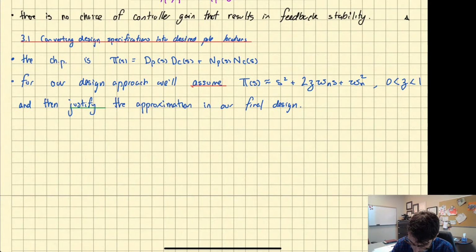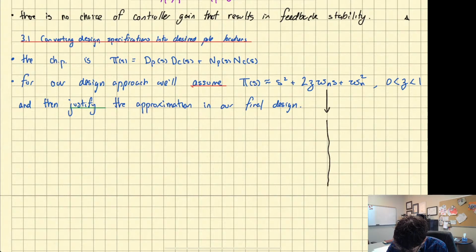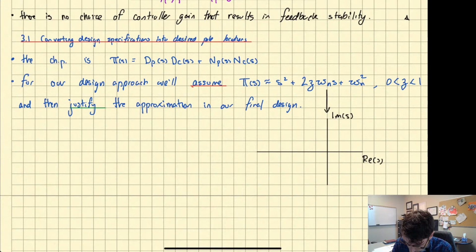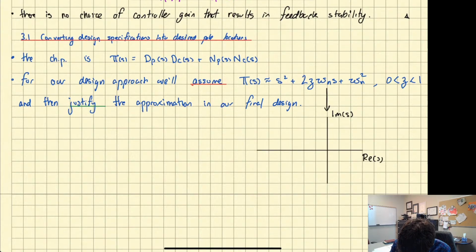Okay, so I remind you that for this polynomial, we have a certain picture for its root locations. And it was like this. Those were the poles. So negative zeta omega n was this.